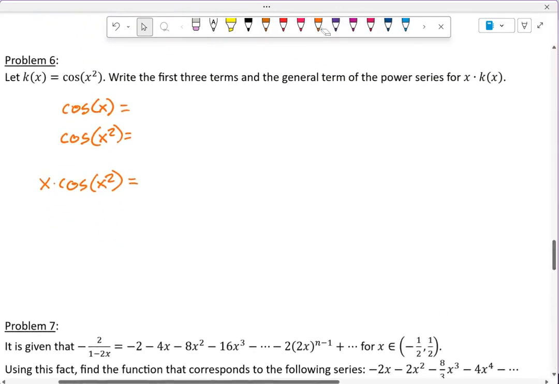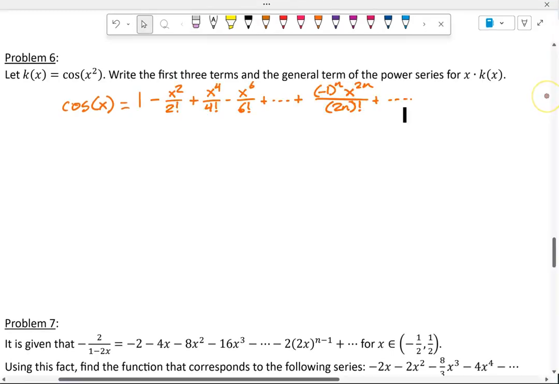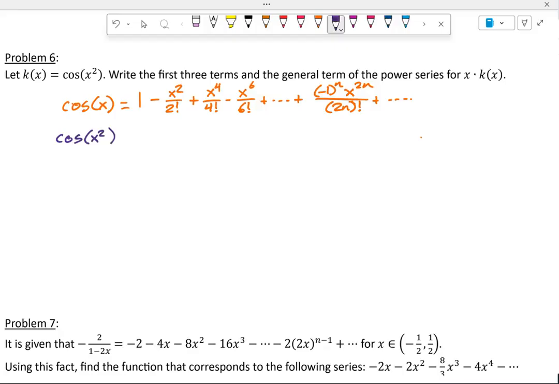All right, so let's go ahead and see what we have. Start with our cosine of x. Adrian, what is our power series for cosine? Okay, so there we go. All right, so that is our cosine of x. So if we do cosine of x squared, what am I going to do for each of my x's, Adrian?